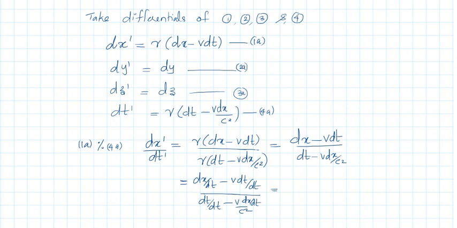What is dx by dt? Dx by dt is the velocity of the particle along the x direction. Let me call it ux. So we get ux minus v, since dt by dt is 1, divided by 1 minus v ux by c square. What is the left hand side? Dx prime by dt prime. It is the velocity of the particle as measured in the primed frame, that is ux prime.